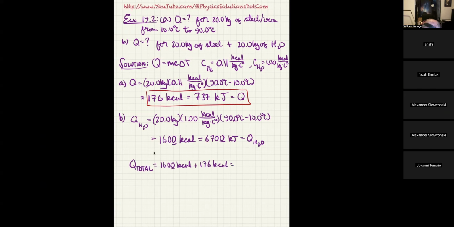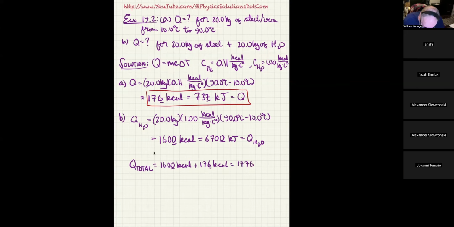So 1600 plus 176. The last digits don't even line up. Technically, the 176 has only the 1 and the 7 significant, and only the 7 and the 3 on the kilojoules are significant. When I add these two together, I get the wonderful number 1776.